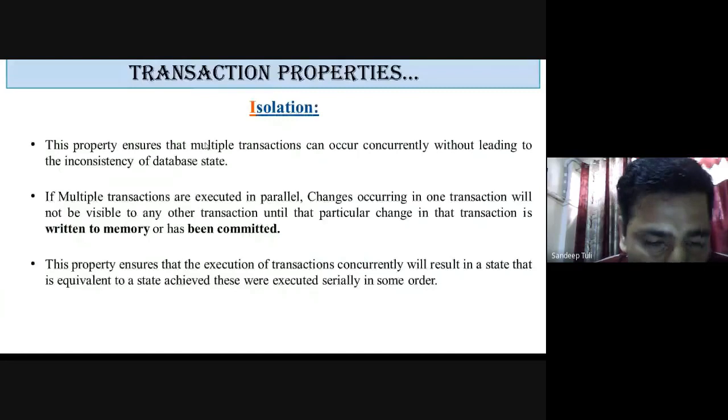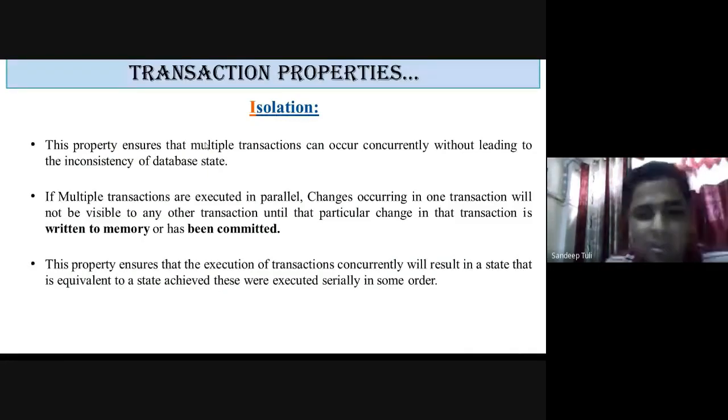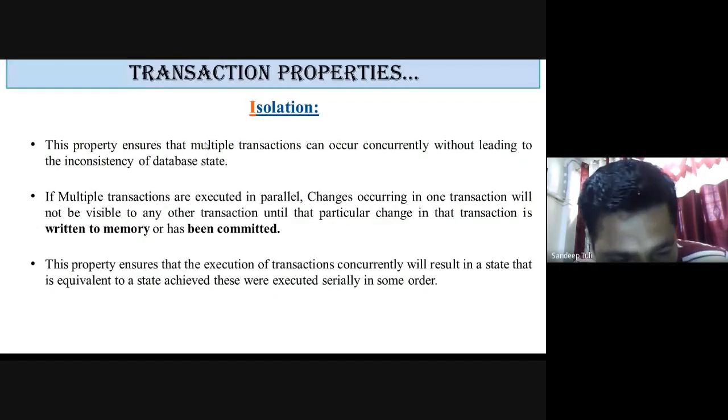It will not be that only one user accesses it at a time. So you have to make a database able to handle multiple transactions simultaneously. If multiple transactions are executed in parallel, we can take the example of the IRCTC website, where multiple users can book or reserve a seat for the same train, from the same source to the same destination, at the same time. Is it okay?